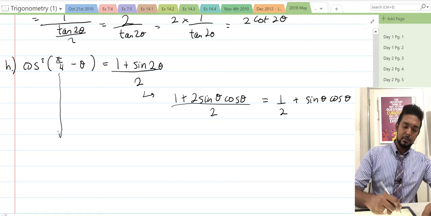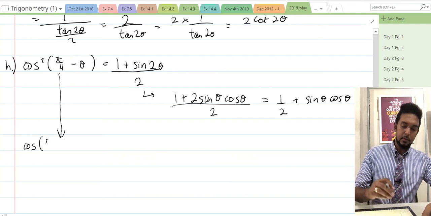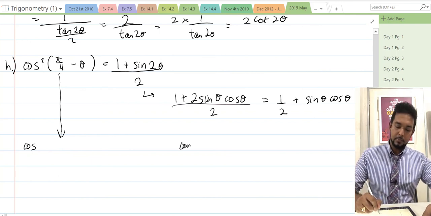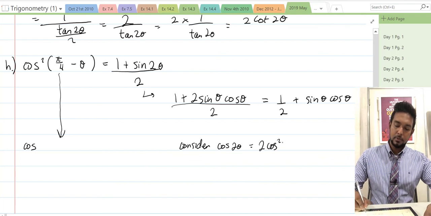Let's take this piece here. But we're going to express it as cos squared. I want you just to consider this for a second, right? So consider that, remember, cos of 2 theta, one of the expansions was 2 cos squared theta minus 1, which meant that if we made cos squared the subject, we'd have to add 1 to this side and divide by 2.